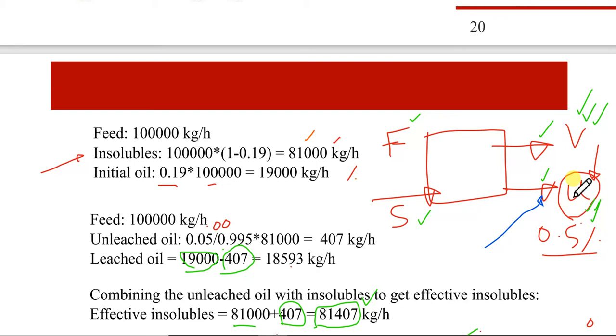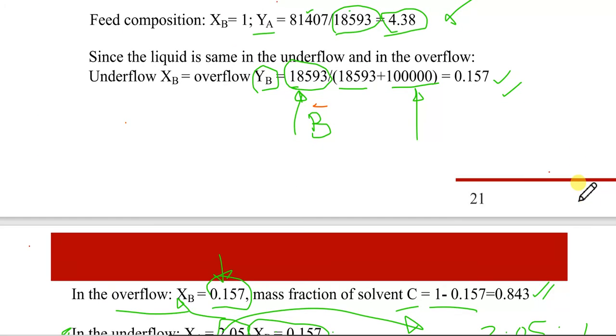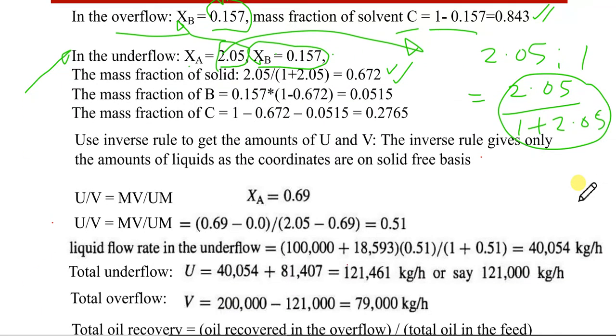Now we should get the mass fraction of liquid also, because this is a case of partial leaching. So this is the solid, and in the liquid we'll have B and C both, isn't it? So the liquid is now 1 minus 0.67.